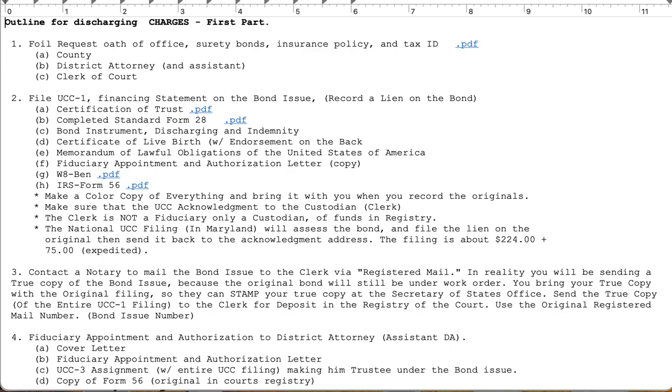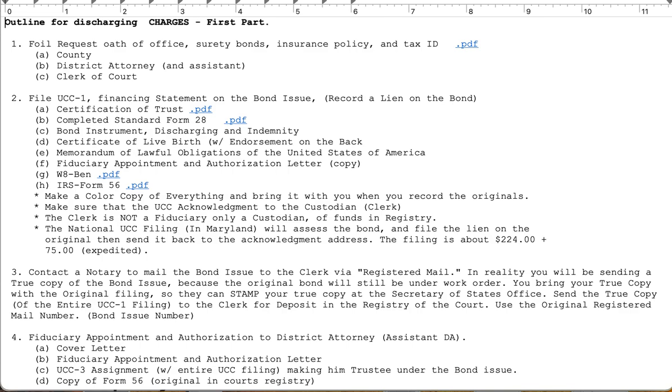But for anybody who's been studying this for some time, the things that I talk about, Form 56s, W8BENs, certification of trust, bonds, the national banking emergency, these concepts aren't going to be new to you. And again, what I'm offering you is just very meticulous research. You'll see I've attempted to cross all T's and dot all I's to the best of my ability.